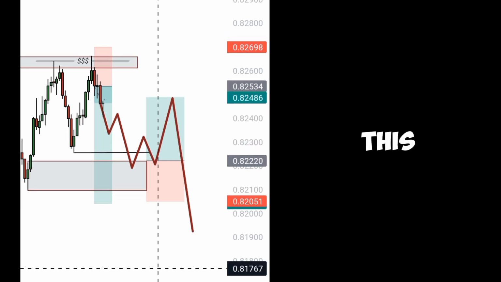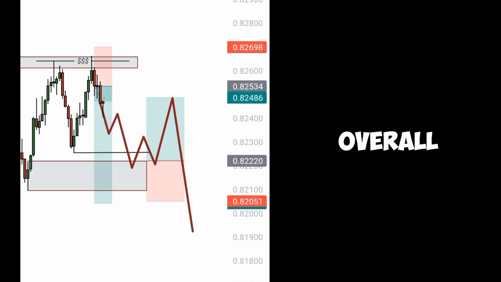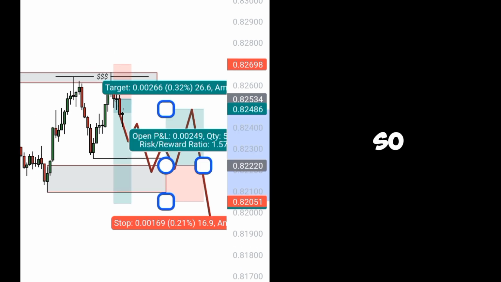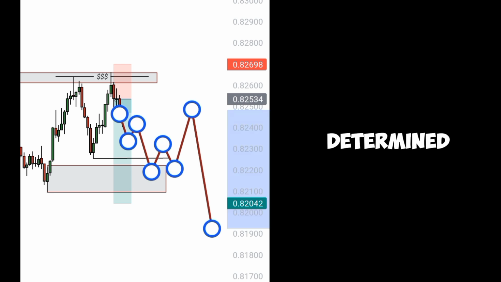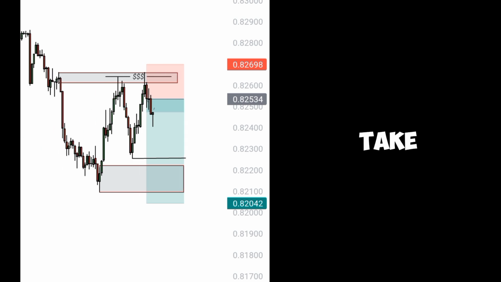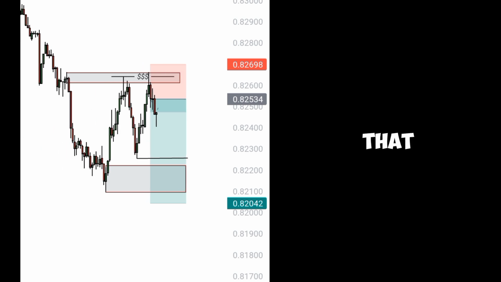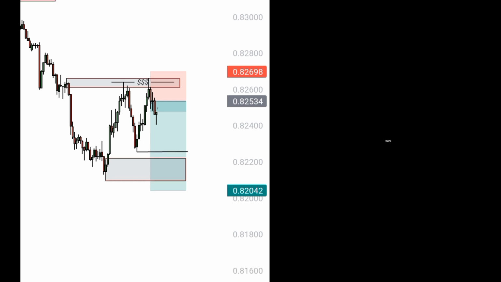In this case, this trade would have ended in profit, but the overall trend is downwards. So your risk reward ratio should be determined by the trend too. Very important. You want to take note of the trend to be sure that you are trading in line with the market at the point in time. So that's for risk reward ratio.